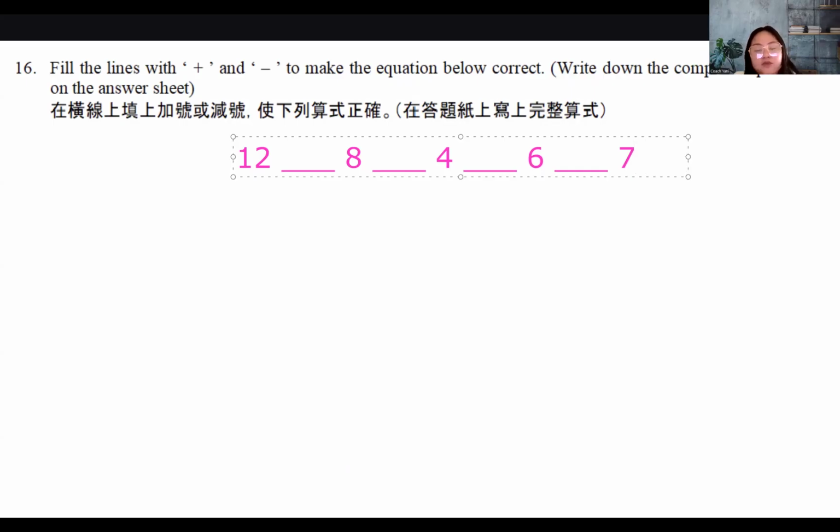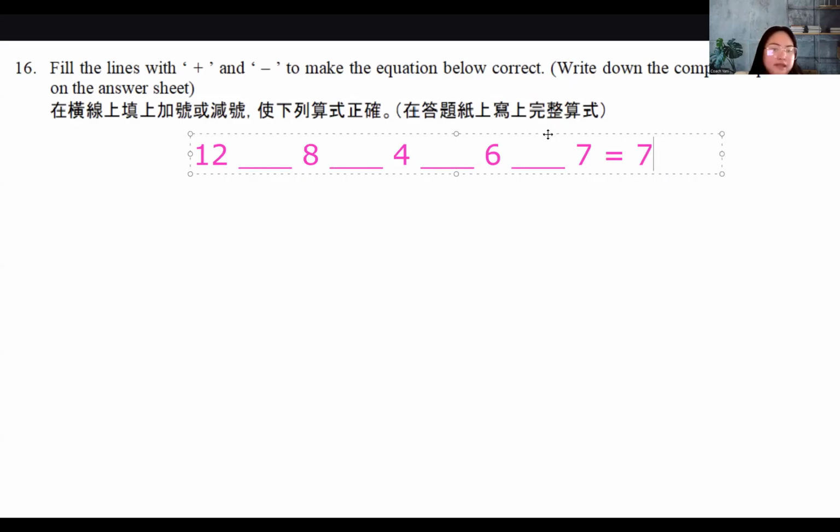That is equal to 7. Okay. Can we solve this? I will give you 4 minutes.